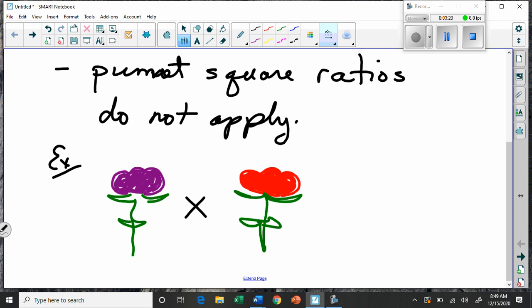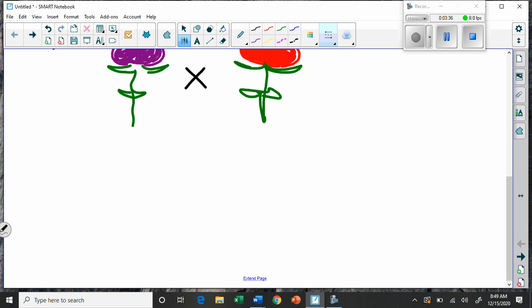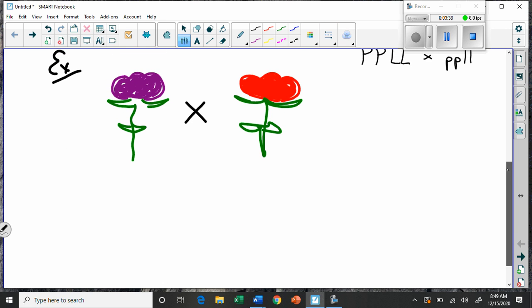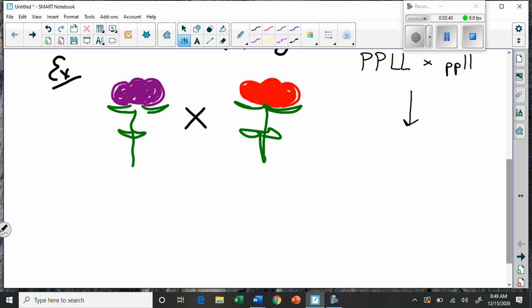And so if we take a homozygous dominant flower in both cases and cross it with the recessive condition, what we would expect to get in the first cross are genotypes of heterozygous.